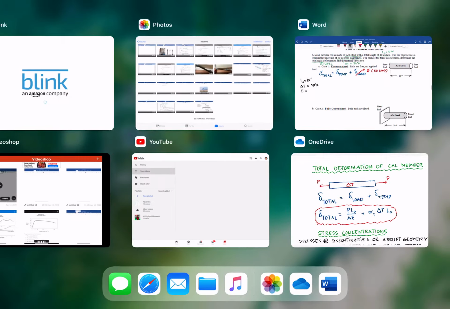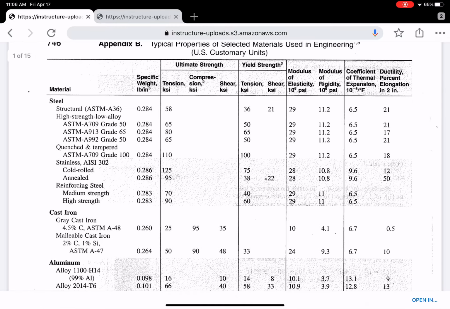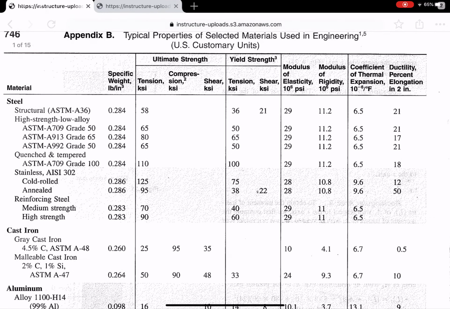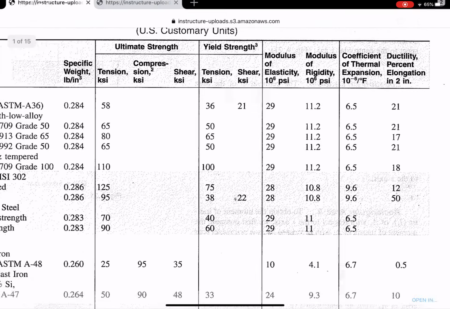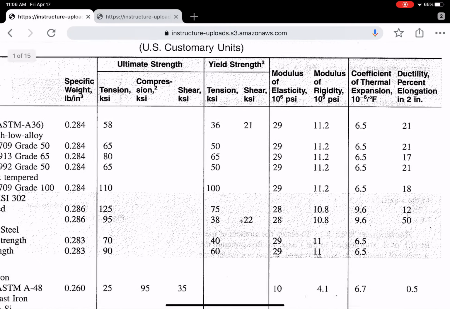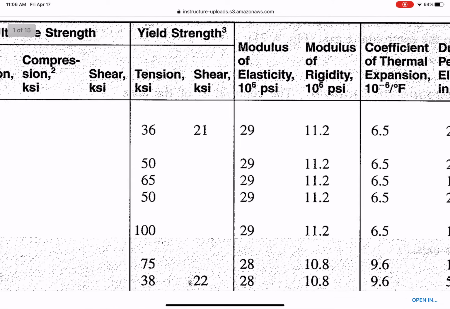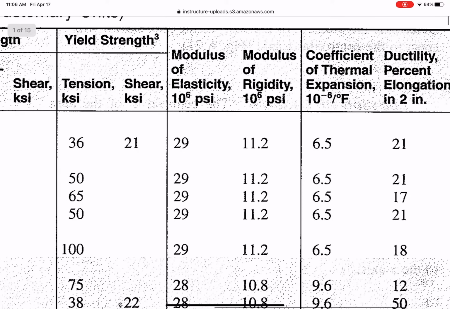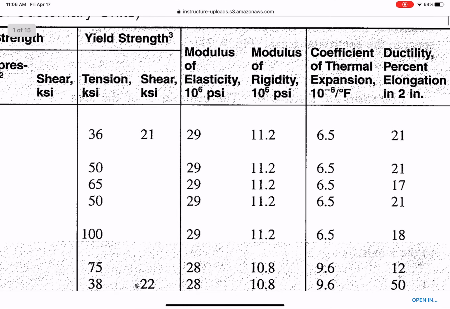If we use appendix B for steel, the Young's modulus is 29 times 10 to the power 6 psi, and the coefficient of thermal expansion alpha equals 6.5 times 10 to the power negative 6 per degree Fahrenheit.